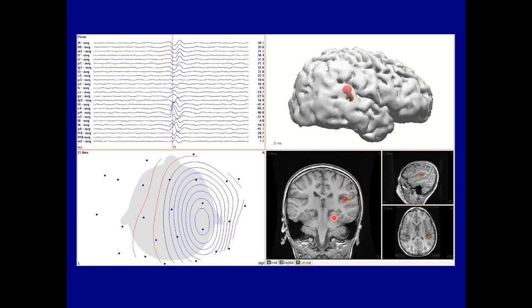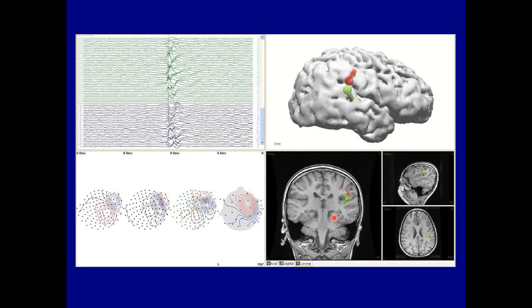That's fine, except for the fact that the MEG here is about 30 milliseconds earlier. Here's the MEG field, and here is the MEG source. It's a tangential source, and how would you interpret this?